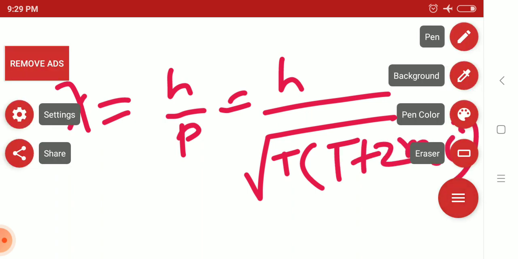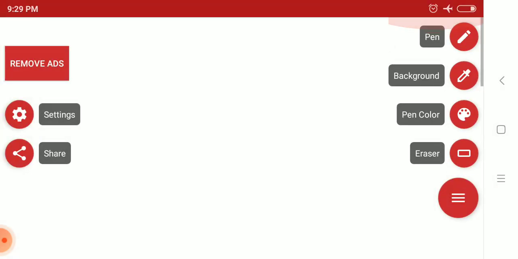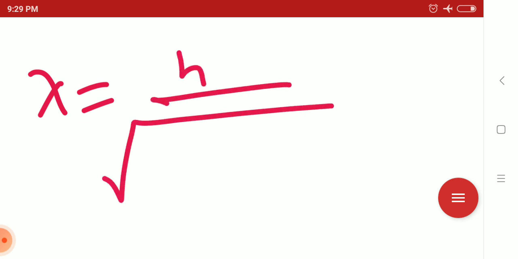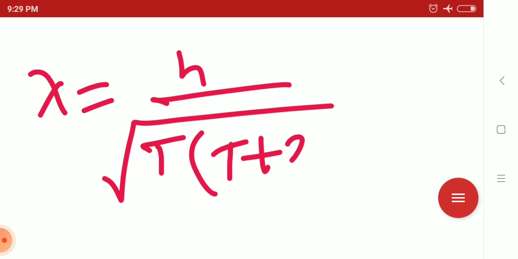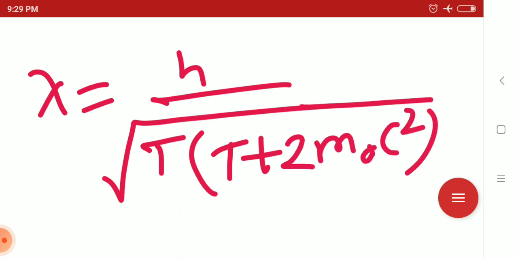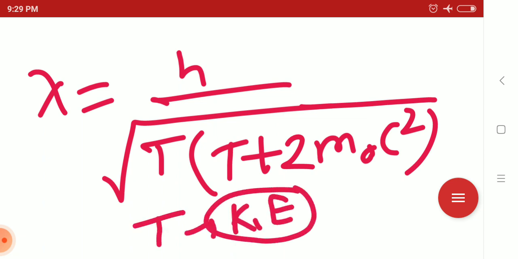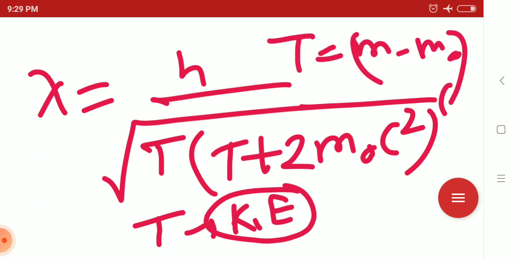Let me write properly. For the relativistic case, lambda equals h by root over T(T plus 2m0 c square). T is the kinetic energy for a relativistic particle, and T equals m minus m0 into c square.